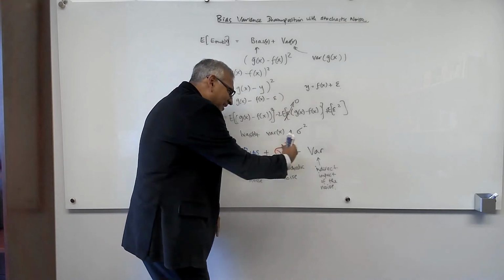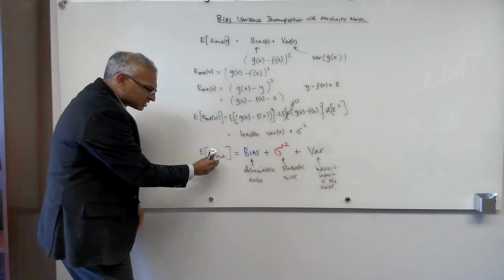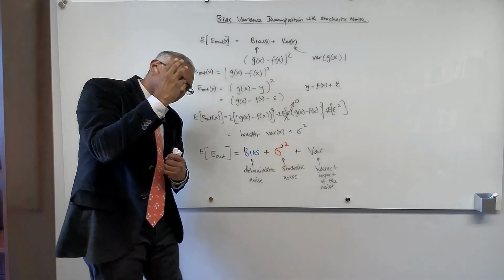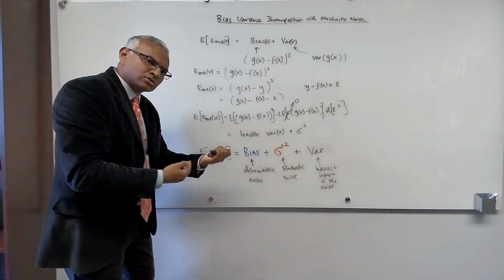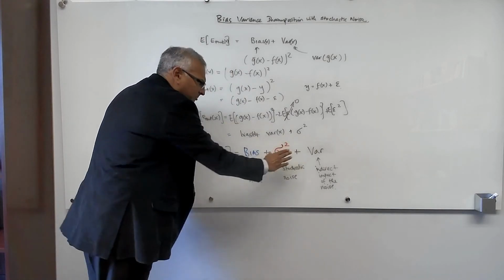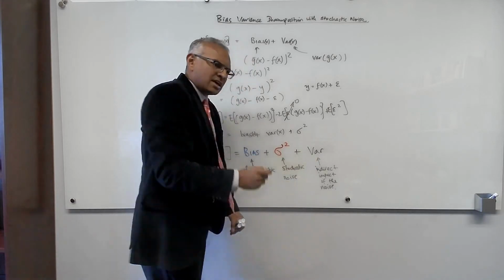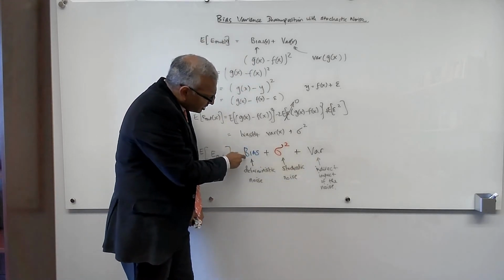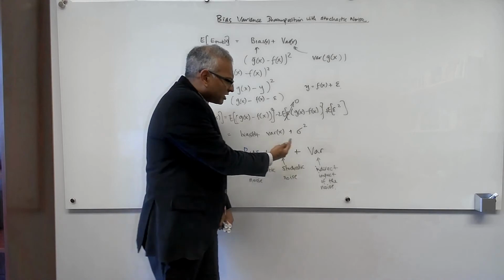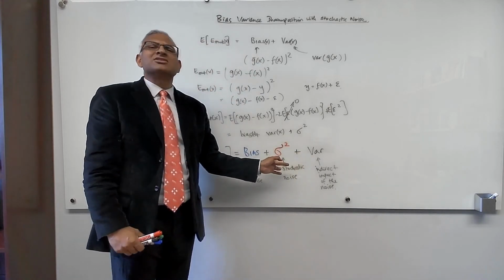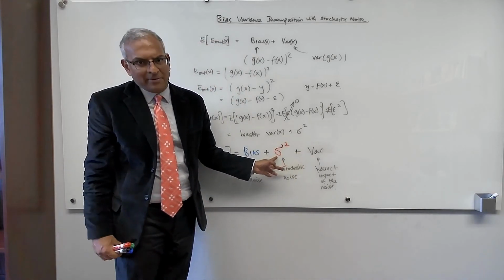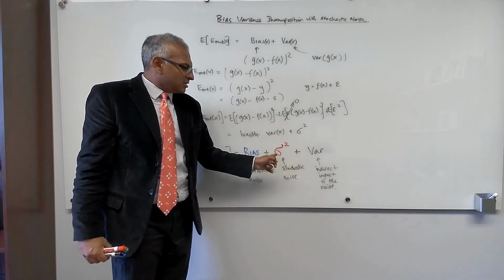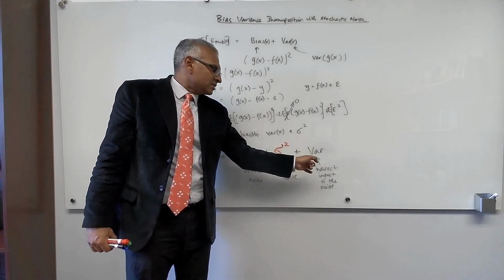This is a very nice breakdown of your expected out-of-sample error. And when you're designing hypothesis sets and learning algorithms and so on, you can always look at this decomposition, even though you cannot measure any of these, and ask, am I trying to lower the bias, or am I trying to lower the variance? You cannot lower the measurement error. That's just measurement error. It is there always, and through it you will feel the impact in the variance.